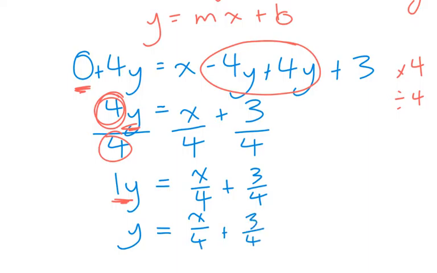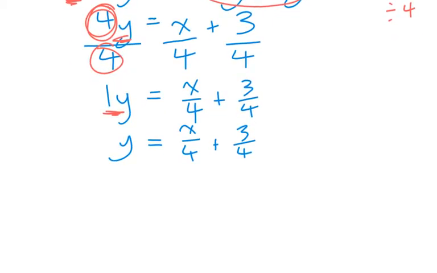You could leave your answer like this. However, you can also express it in a slightly different way. If you remember, in front of a variable, if there is no number, there's actually a 1 secretly hidden in front of it. So that would actually give us y equals 1 over 4x plus 3 over 4.